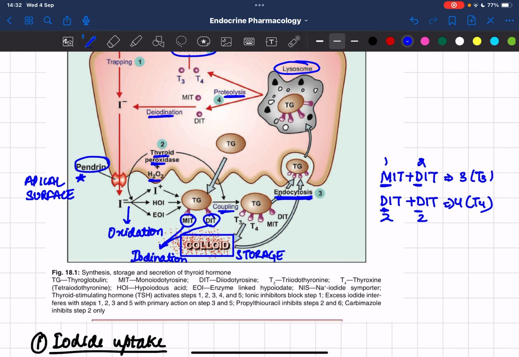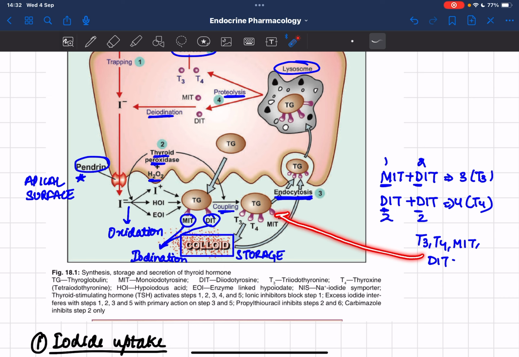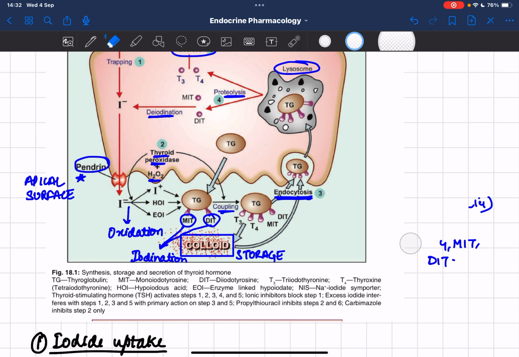So that results in formation of T3 and T4, and there is also some MIT and DIT left that you will see ultimately on this thyroglobulin molecule. So that is how the formation of T3 and T4 takes place, and now this T3, T4, MIT and DIT will be stored here in the colloid. The storage will happen here.